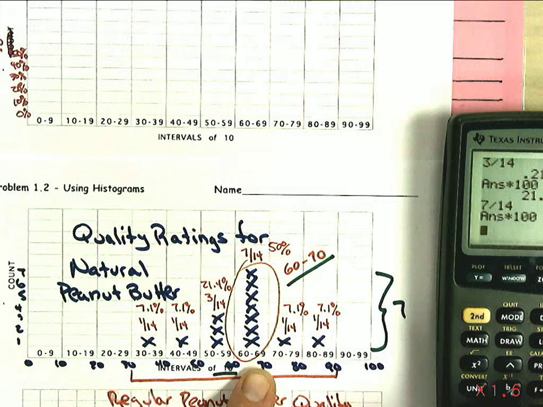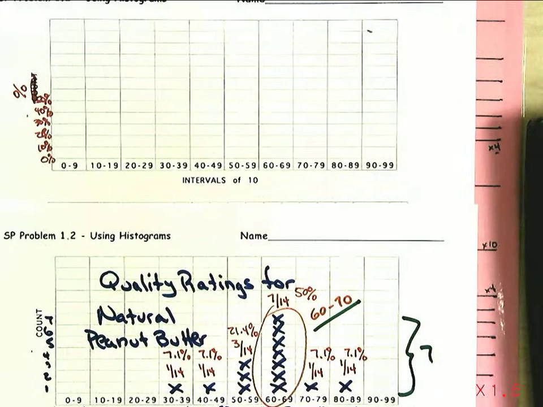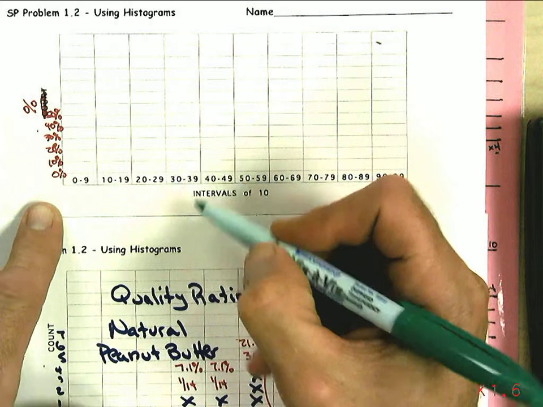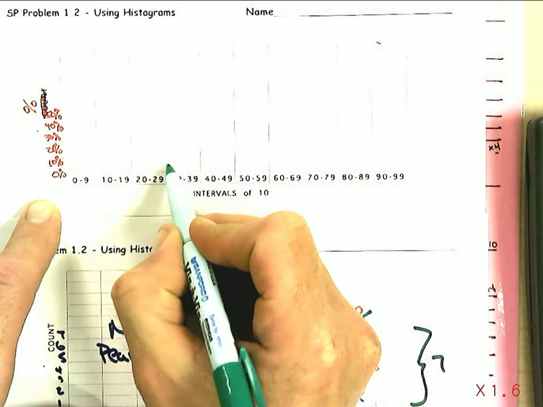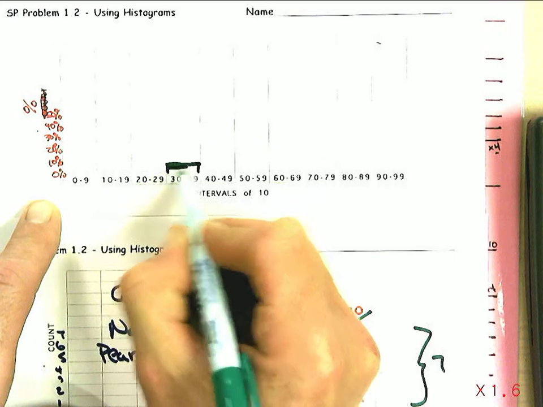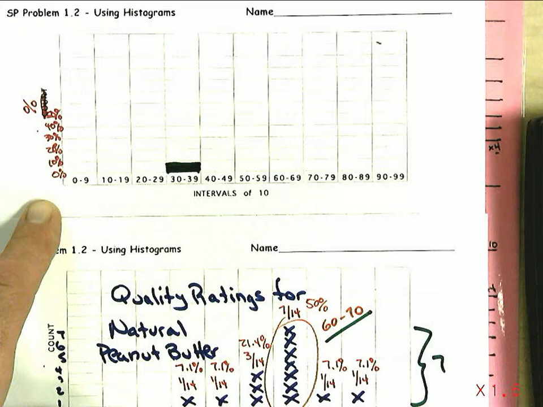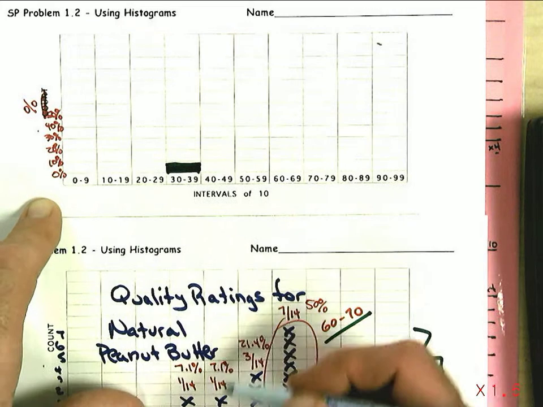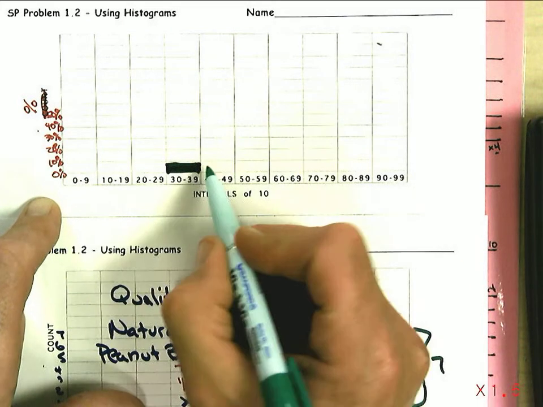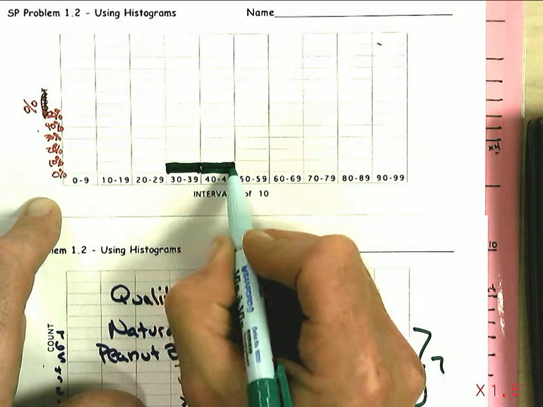And so now all I want to do is take these percents and transfer them up to my graph above. So now I can take the 7%, which is just a little less than 10%. And so now I'm going to actually make a bar graph here. Still a histogram because we're just keeping track of the data by what's in there. And this one is the same, 7.1% in the 40 to 49 interval.